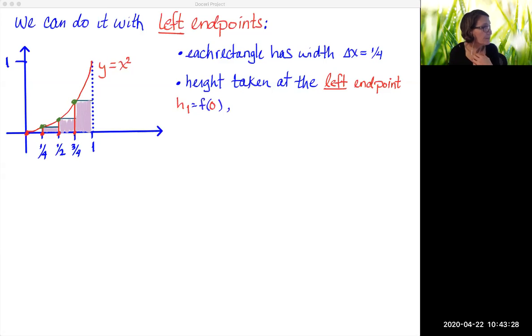So the height of the first rectangle, H1, is f of 0. The height of the second rectangle is f of 1/4. The height of the third rectangle is f of 1/2. And the fourth rectangle has height f of 3/4.